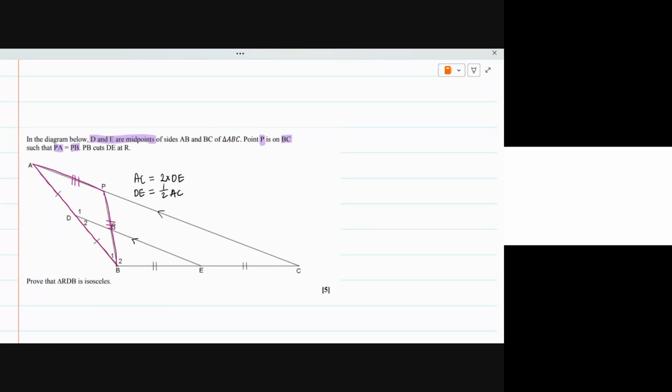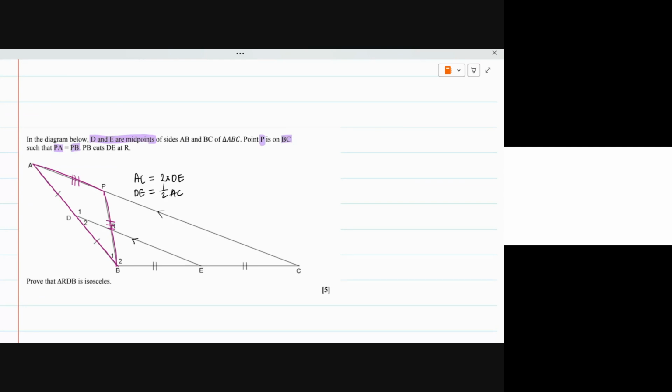What do I have? I've got a triangle, but a very specific type of triangle. What kind of triangle do I have? Good, I've got an isosceles triangle. What do we know about isosceles triangles? Two equal sides. They've told us that PA and PB are equal.